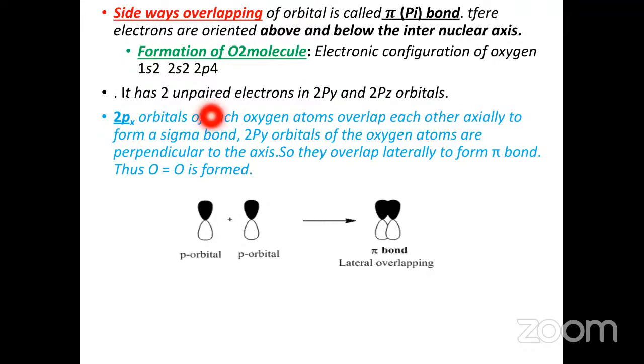So one orbital of each oxygen atom overlaps axially to form a sigma bond. But the two py orbitals of the two oxygen atoms, perpendicular to the axis, overlap laterally to form a pi bond. Thus, the O2 molecule is formed.